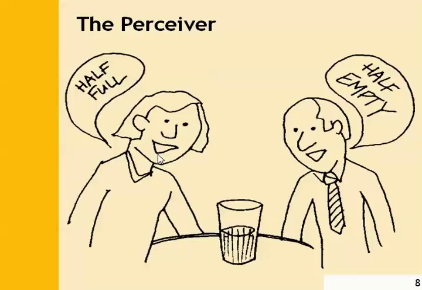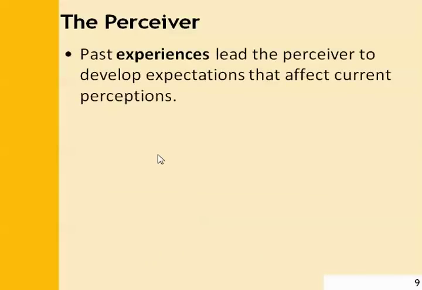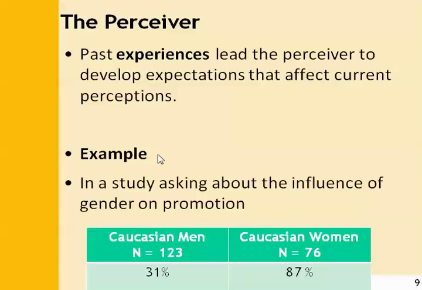So from this example we can see that past experiences lead the perceiver to develop expectations that affect current perceptions. Another example: there was a study done asking about the influence of gender on promotion. What does that mean?